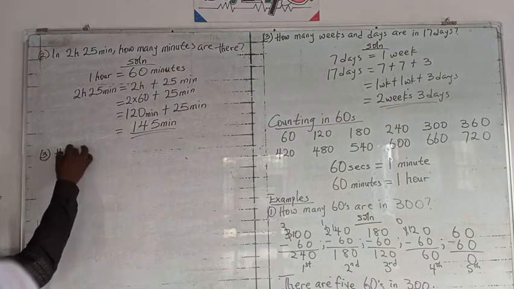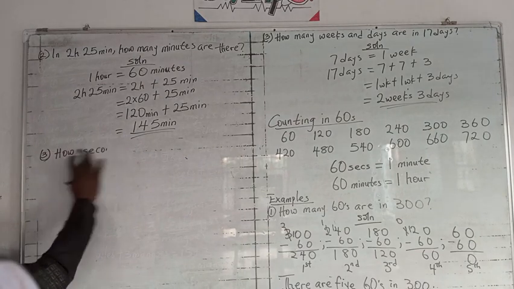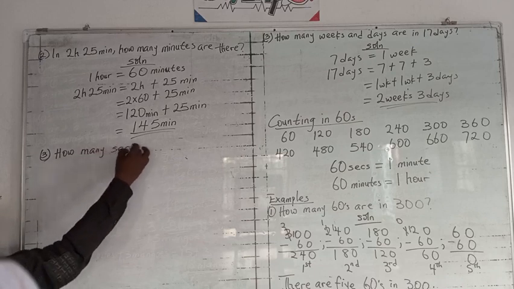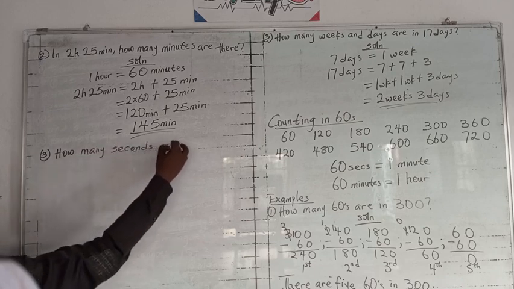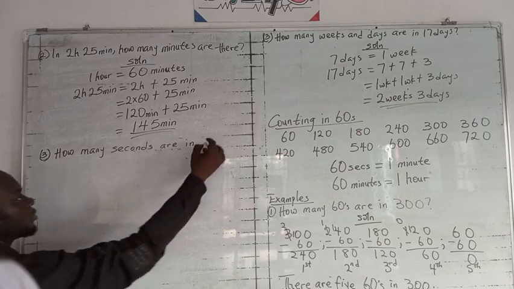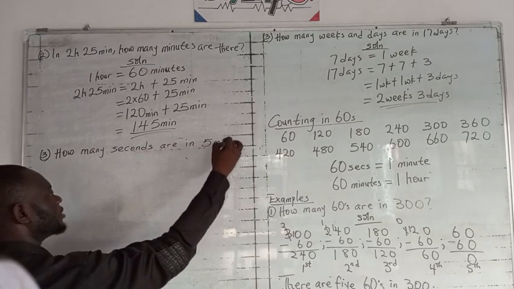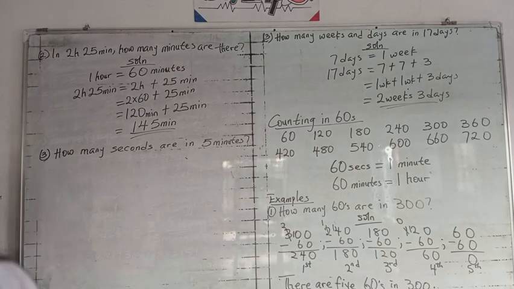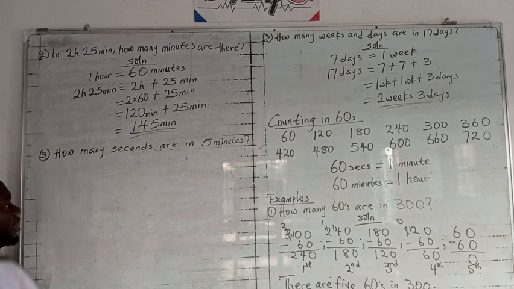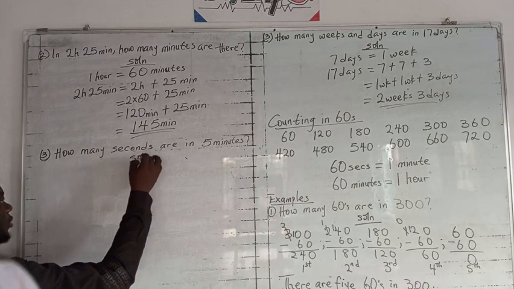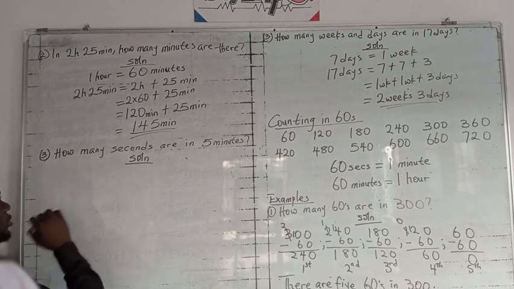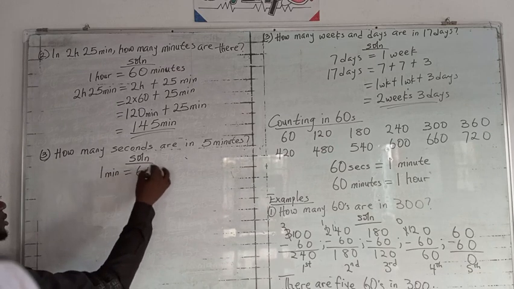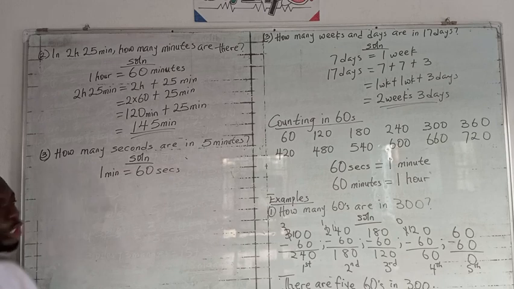How many seconds are in, let me say, 5 minutes? How many seconds are in 5 minutes? Solution. So you tell me, there are 60 seconds in 1 minute.